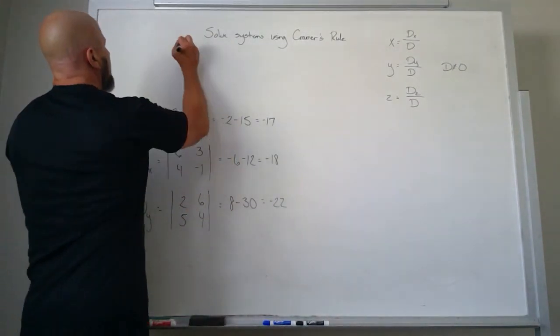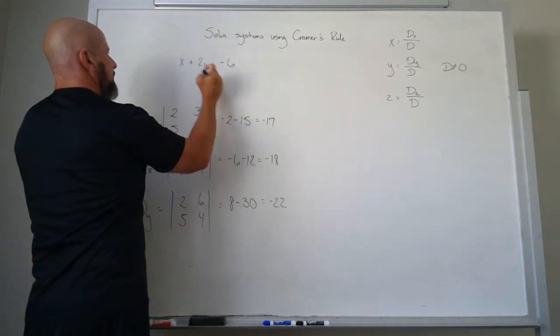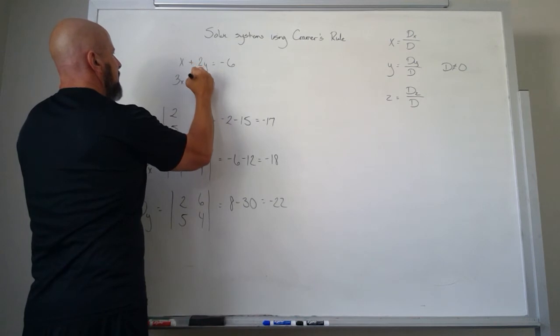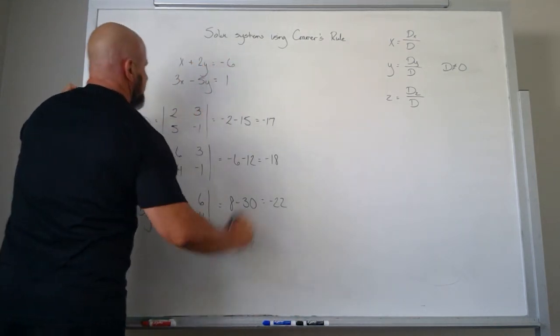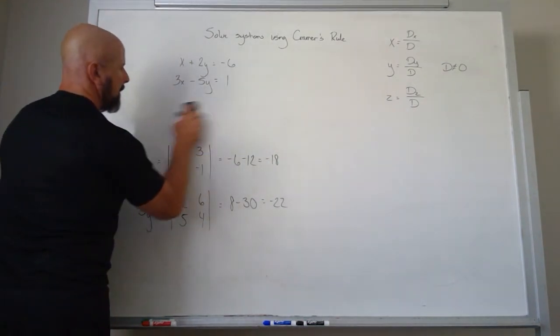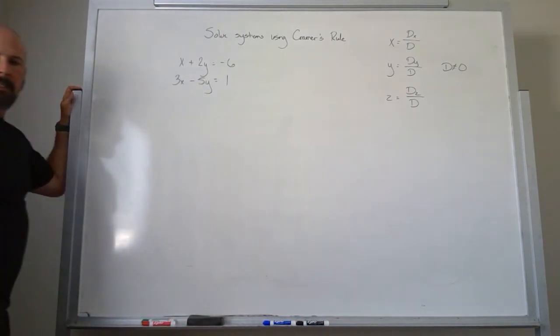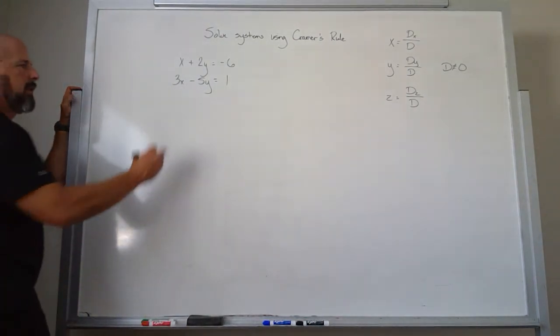Let's go x plus 2y equals negative 6, 3x minus 5y equals 1. Solving this system, I'm going to find D, D sub x, D sub y.